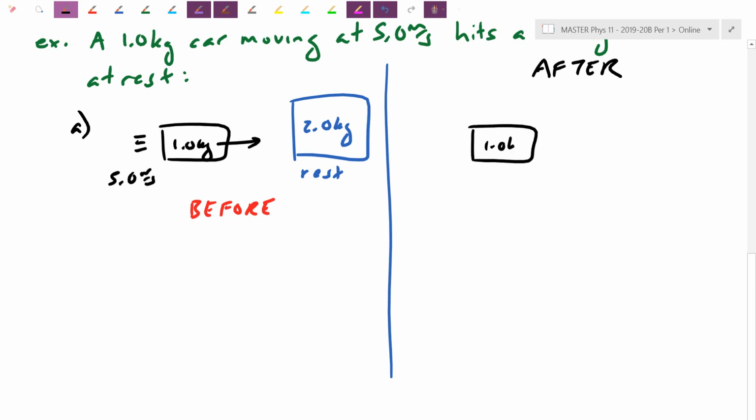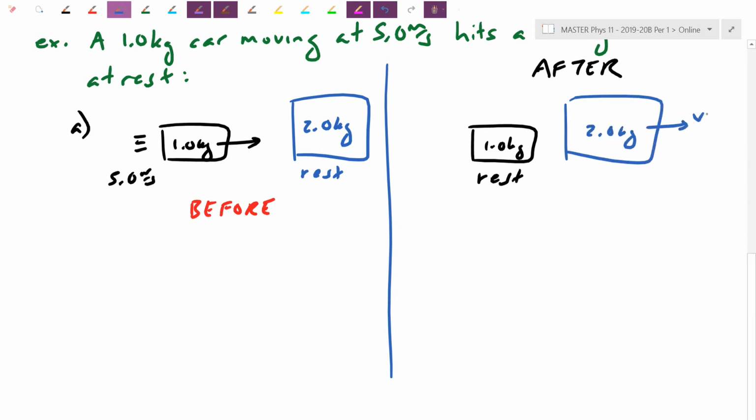So maybe the 1 kilogram object ends up stopping, and because this one stops, the 2 kilogram object starts sliding off at some velocity. So we have the first object moving, it hits a stationary truck, the first object comes to a direct halt, it just stops, and then we're going to see what's the final speed that this latter object has.